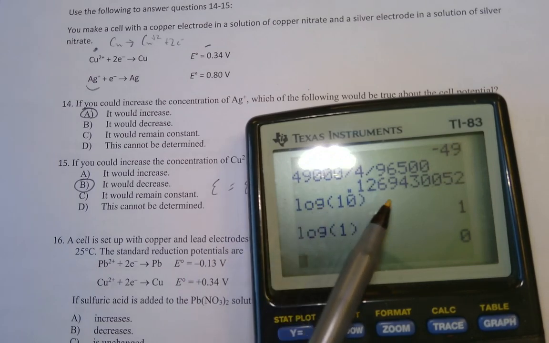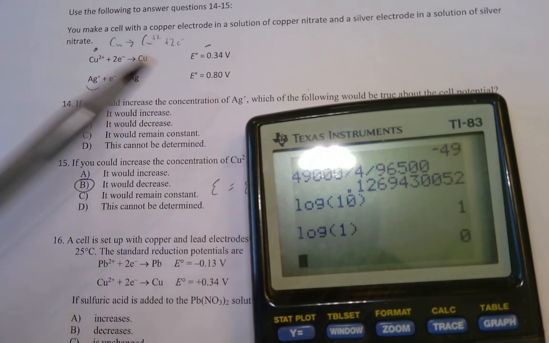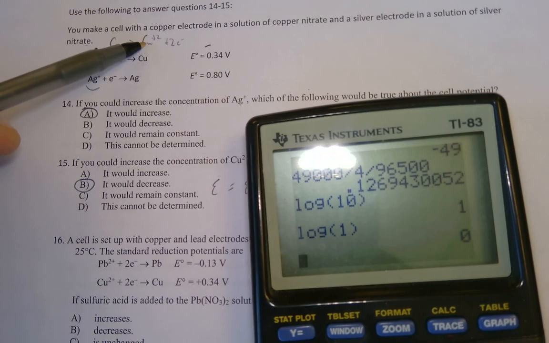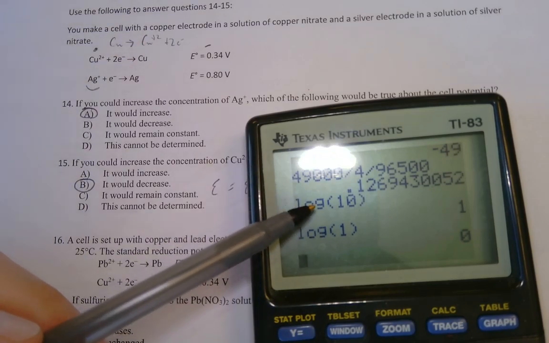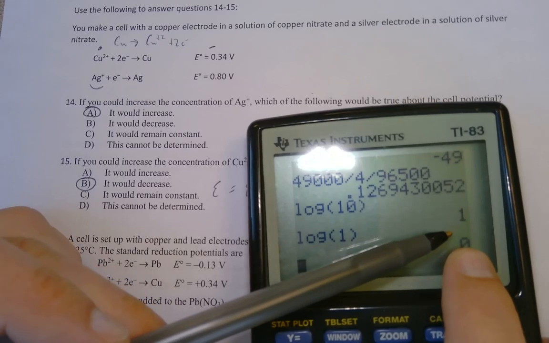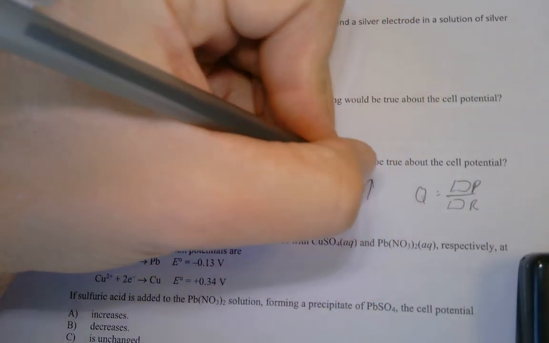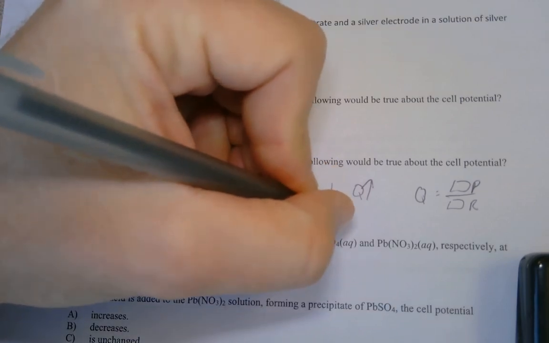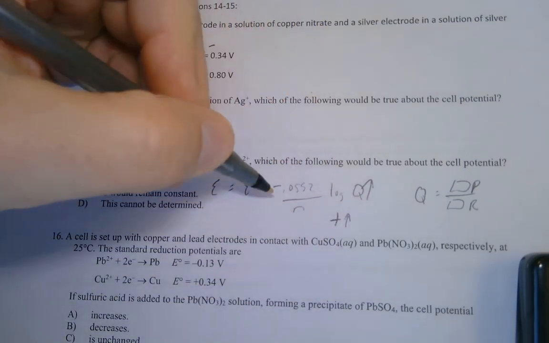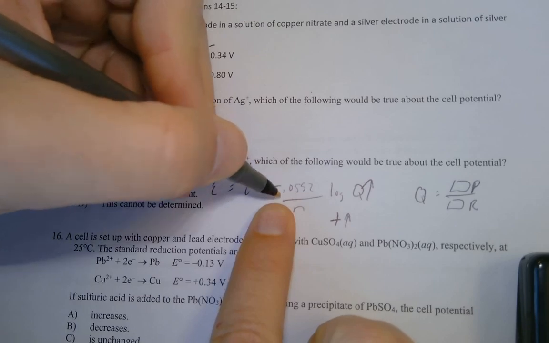So as I add more to my products, as I add more to my copper, that's going to increase this log value in a positive fashion. I don't know if you can even see that. But as Q gets larger, this all remains positive and larger. And so then that negative there is going to make this less.